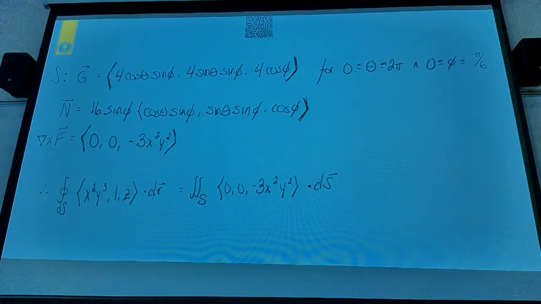X is 4 cosine theta sine phi. Y is 4 sine theta sine phi. Oh, you're going to get 16 squared times negative 3. What's 16 squared? Times that by 3. 768.